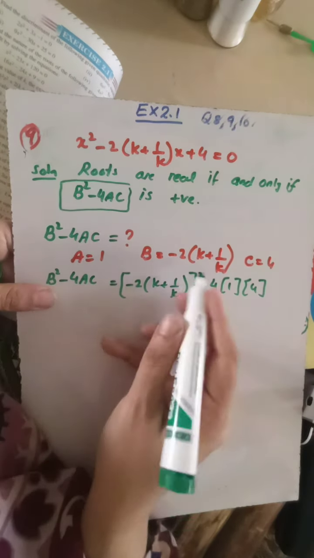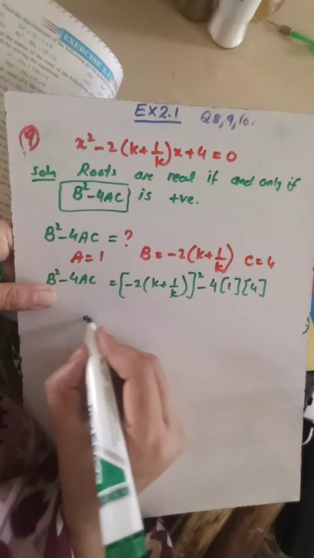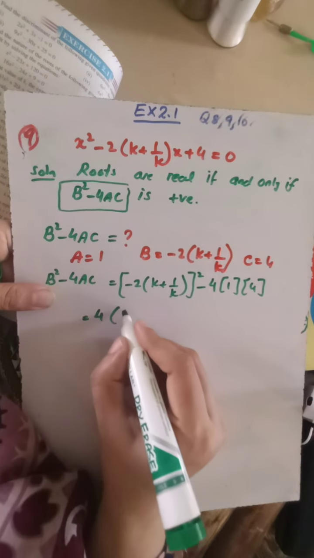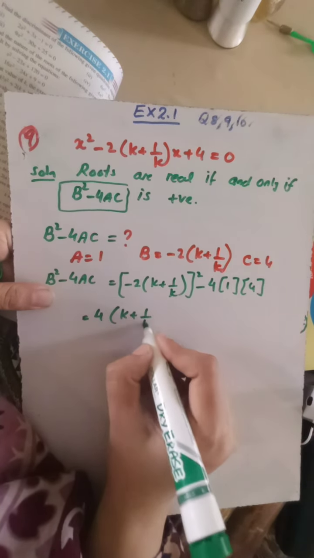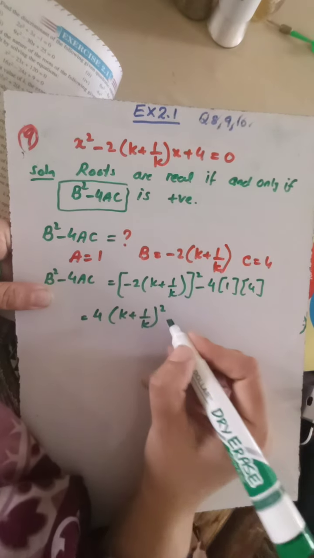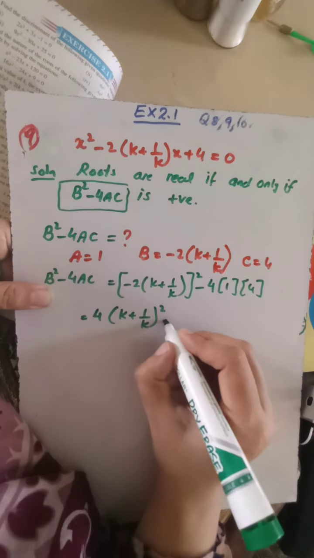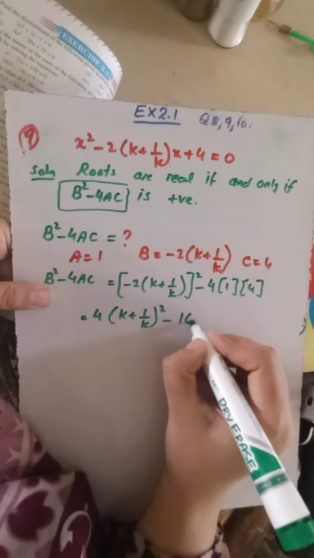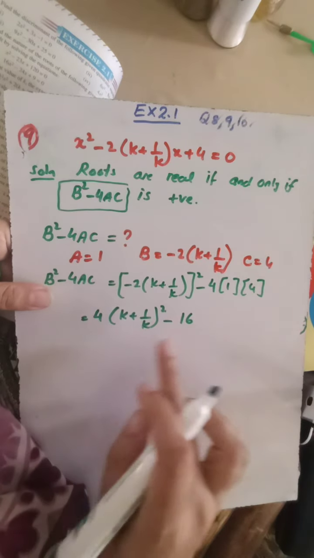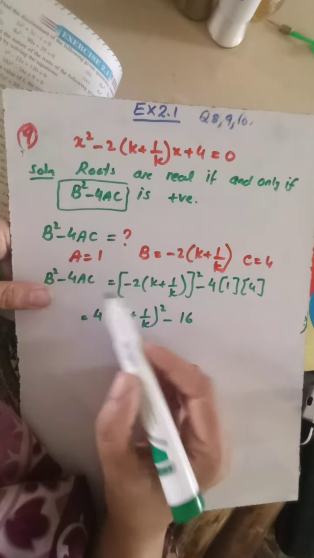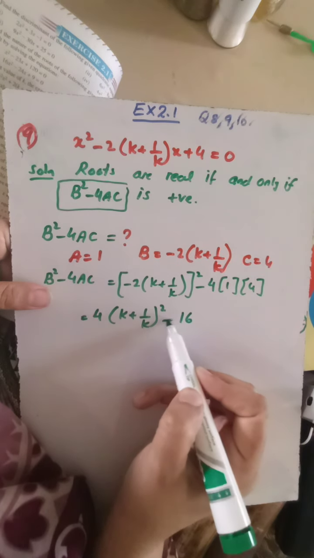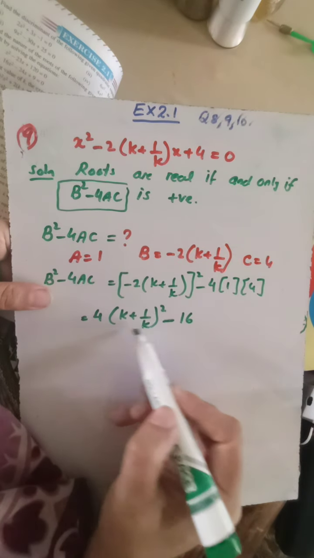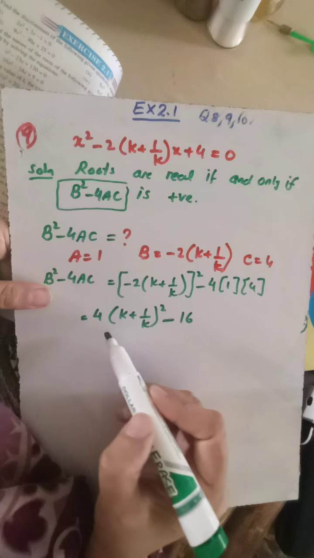Now we know that 2 square is 4, and this will be (k plus 1 over k) whole square, minus 4 fours are 16. We have to prove that this expression is always positive. Over here we can't say anything about its positivity yet, because we don't know the value of k.